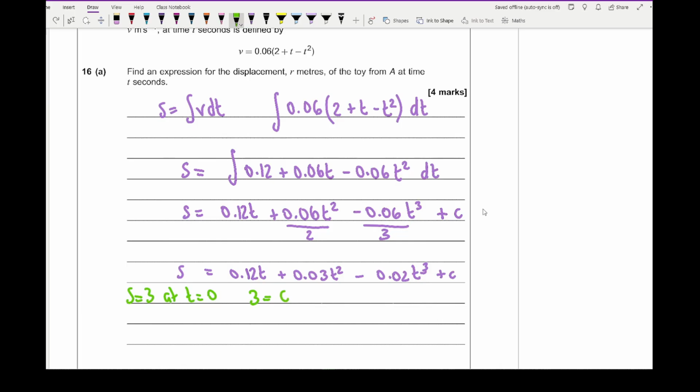So c is equal to 3. So our final answer for our expression is s equals 0.12t plus 0.03t squared minus 0.02t cubed plus 3.